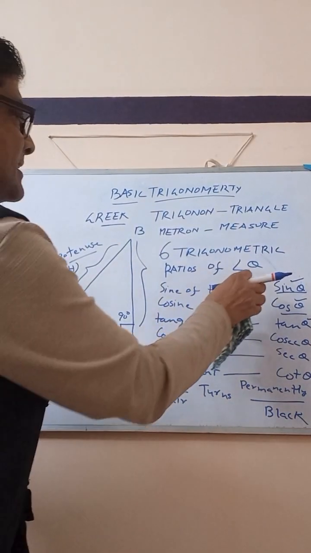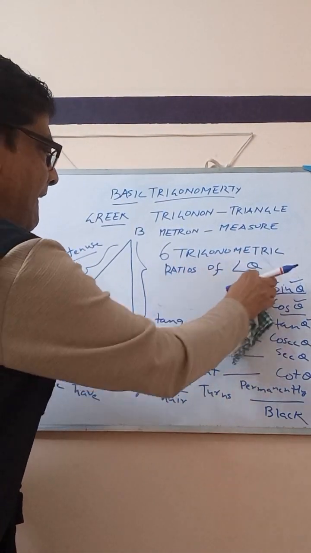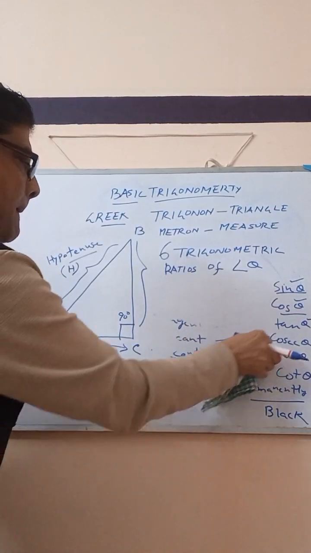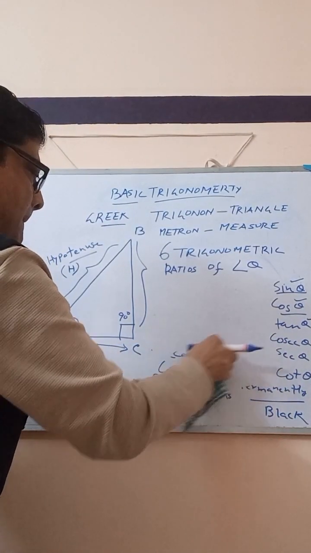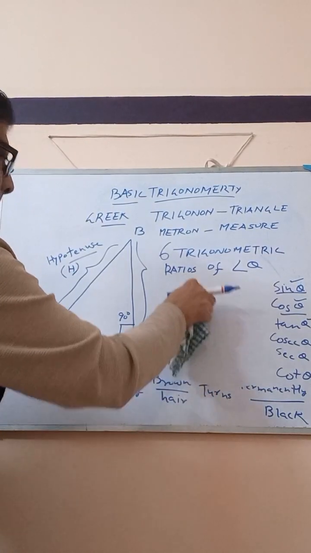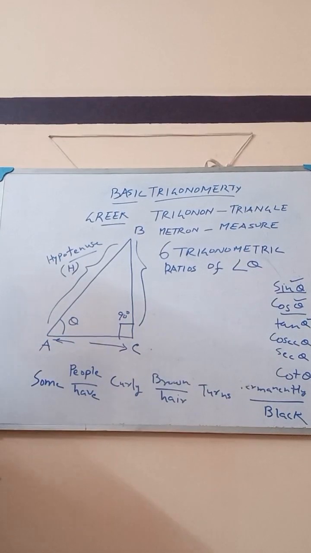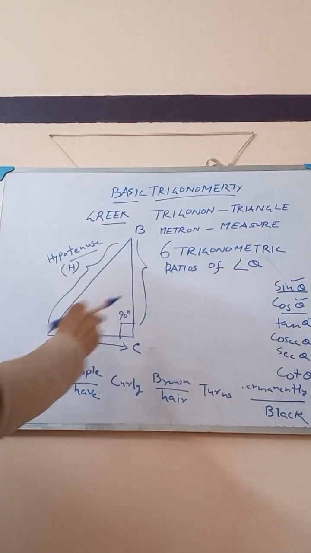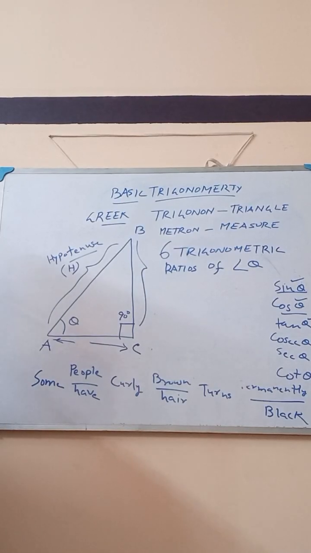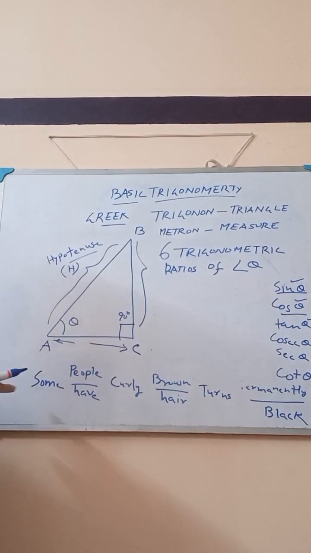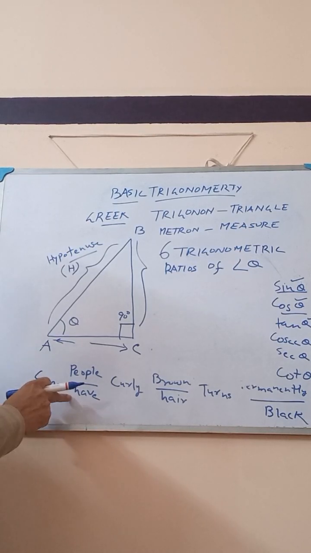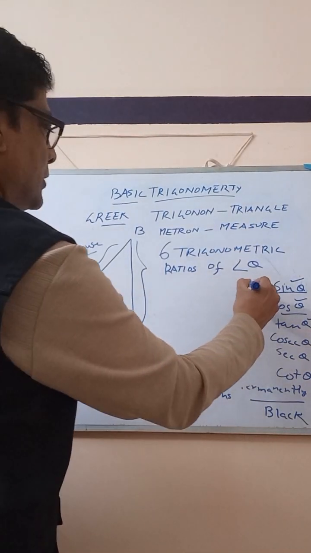Now, what is sine theta? If I consider these ABC as the right angle triangle, now S stands for sine, that will be P by H, that means perpendicular by hypotenuse.